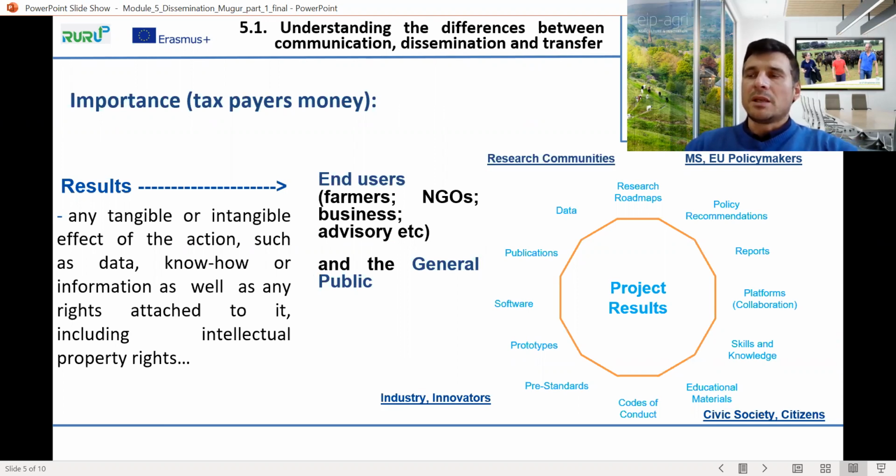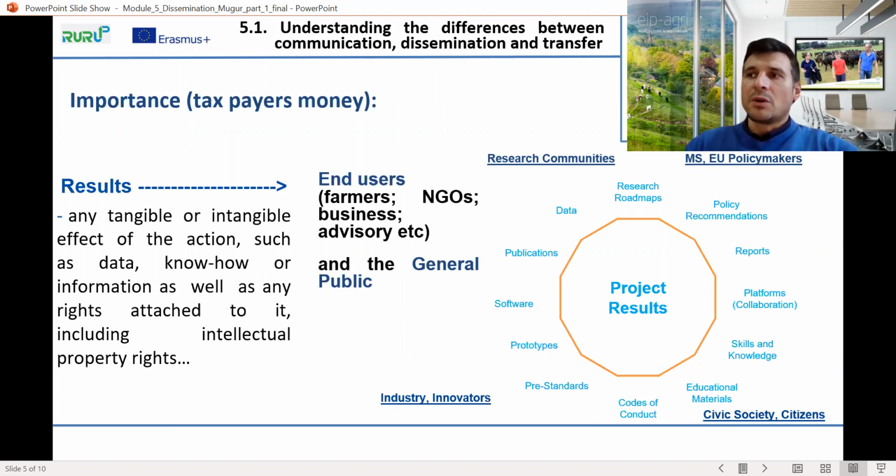Here we discuss mainly research projects, but the same is true for other types of projects, like, for example, investment projects, funding from rural development funds in a farm or in a rural community. The idea behind communication and dissemination is that such projects use taxpayers' money, and both end users and the general public should be at least informed of their main results.